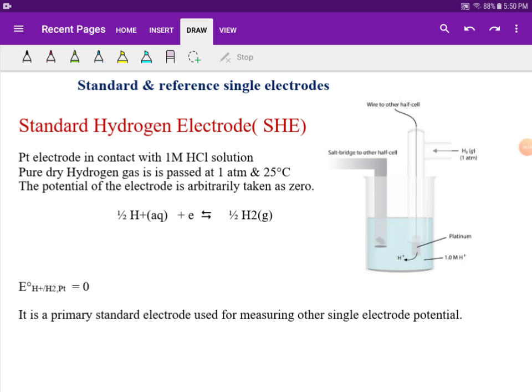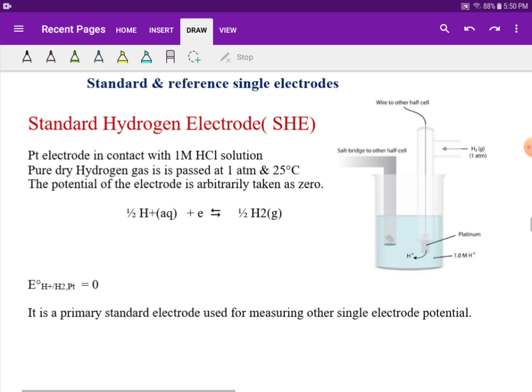They are the metal ion single electrode, gas electrode, metal insoluble salt electrode, and the soluble salt containing an anion of the salt, like the calomel electrode. But I wish to explain only a few single electrodes: the standard and reference single electrode.